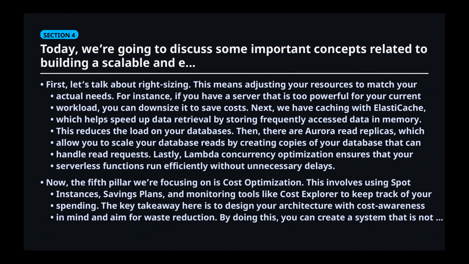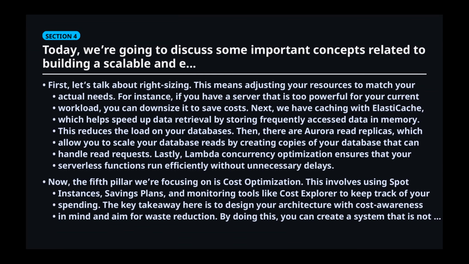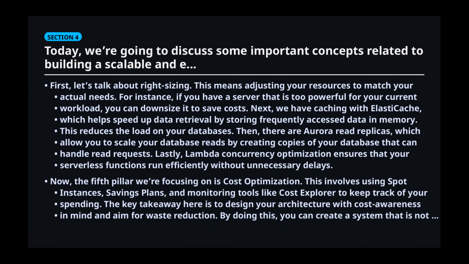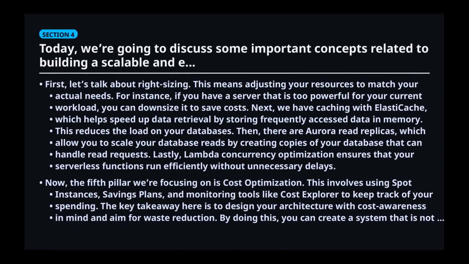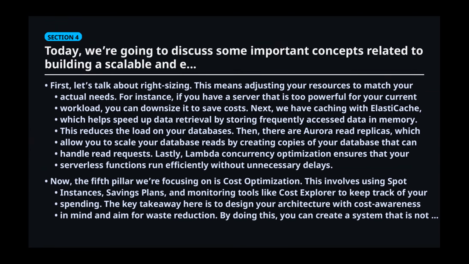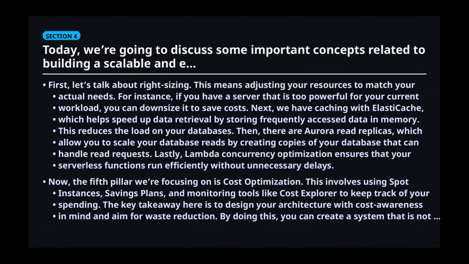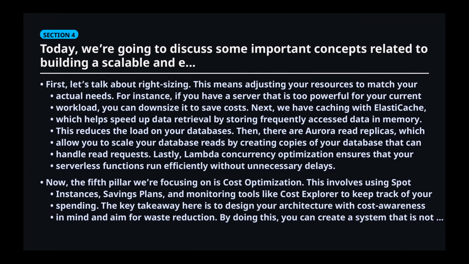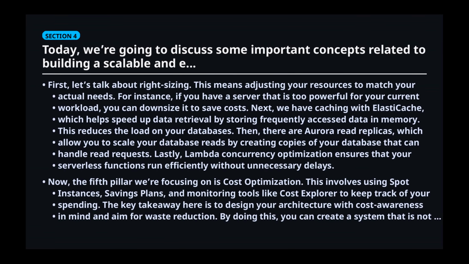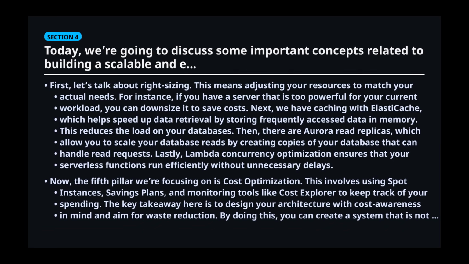This reduces the load on your databases. Then, there are Aurora read replicas, which allow you to scale your database reads by creating copies of your database that can handle read requests. Lastly, Lambda concurrency optimization ensures that your serverless functions run efficiently without unnecessary delays.